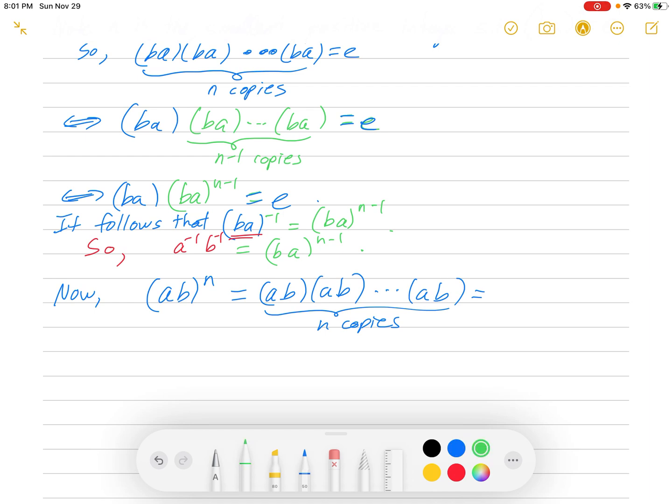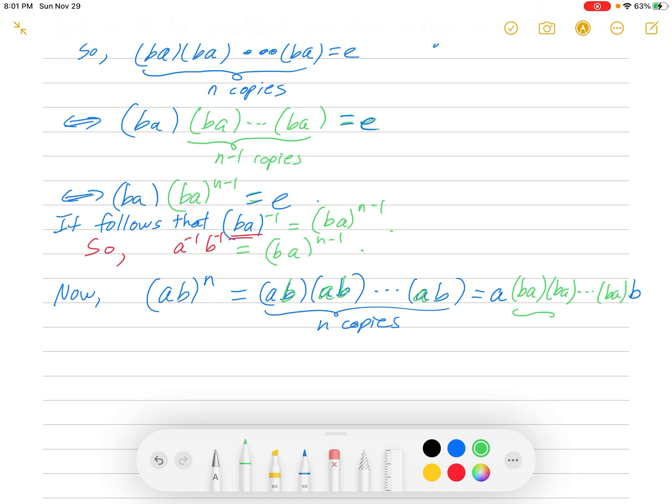Let's isolate the front term, the A, and the back term, the B, and make these others green in the middle. So we have a bunch of BAs in the middle. We're going to have A on the front, B on the end, and a bunch of BAs.